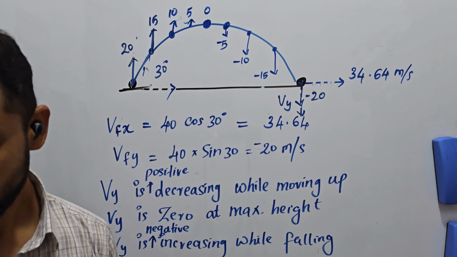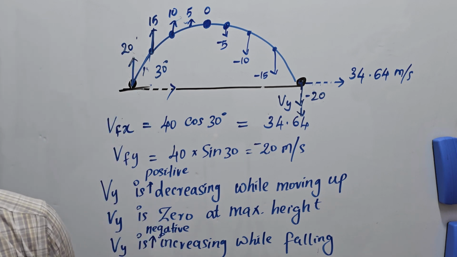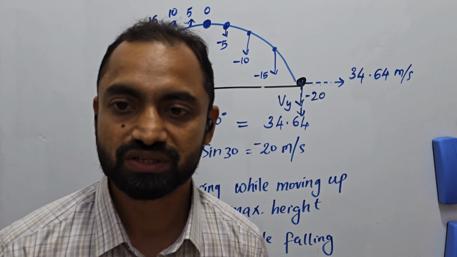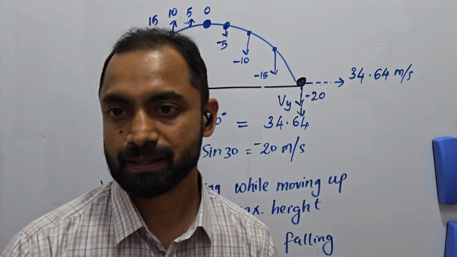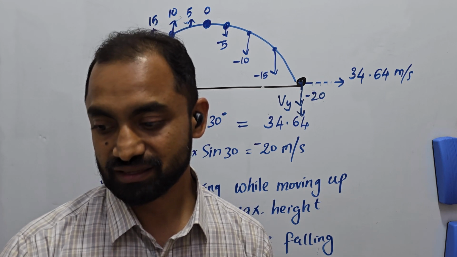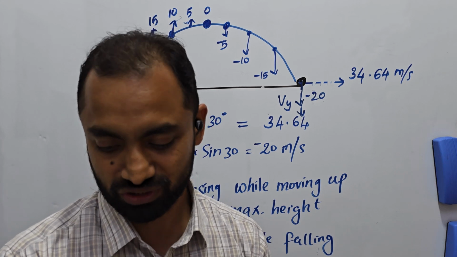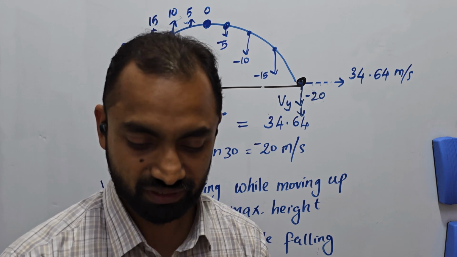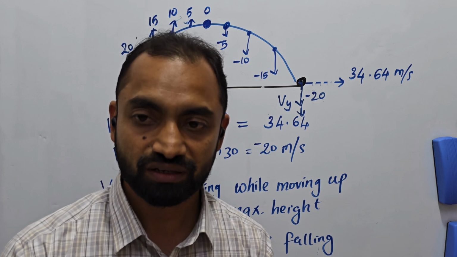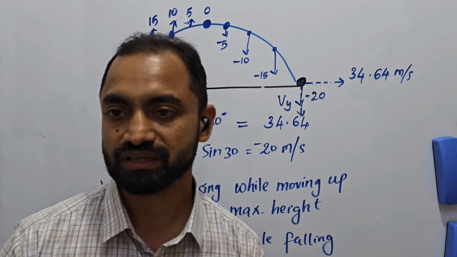So you can solve this question on your own, and we will discuss it next class. 3.27, 3.29 are not projectile motion, right? That is vectors. We will discuss that when we are discussing vectors, maybe in the next class.